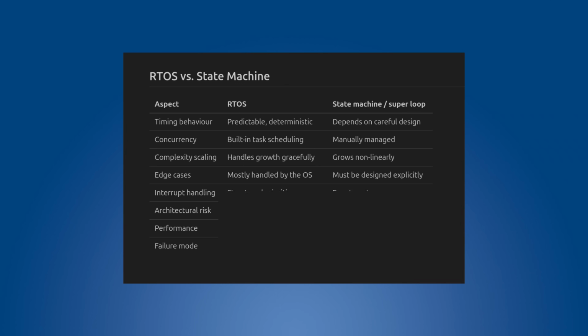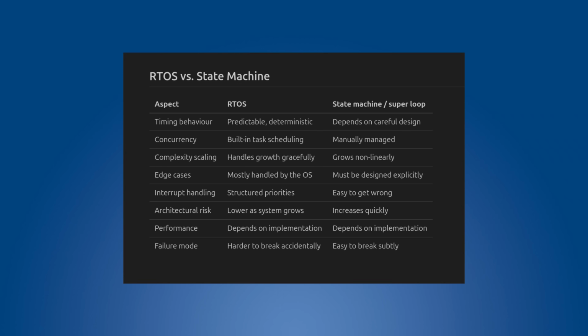And that gets complicated very quickly. With an RTOS, a lot of that structure is already handled for you, at least at the scheduling and priority level. As system complexity grows, this can significantly reduce architectural risk. So an RTOS doesn't make your system faster, it makes it harder to accidentally break once things get complicated. And this real-time isn't the same real-time as in a UAV or rocket sense.